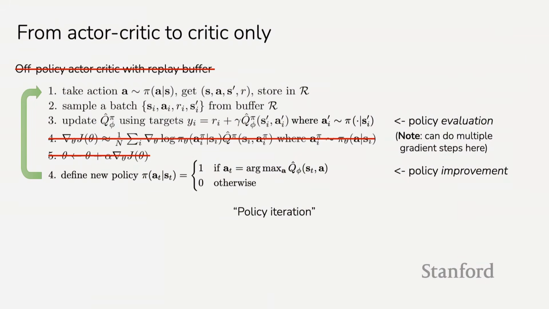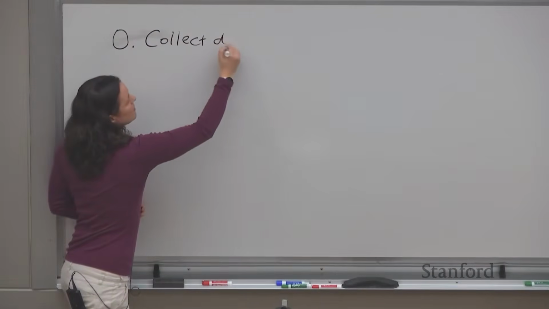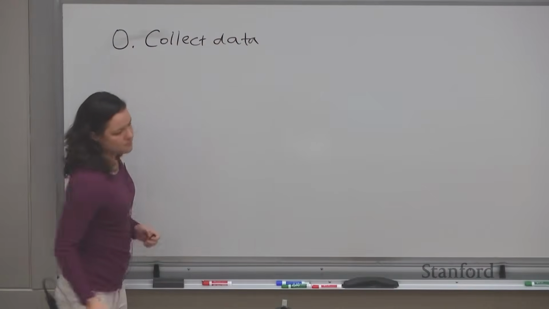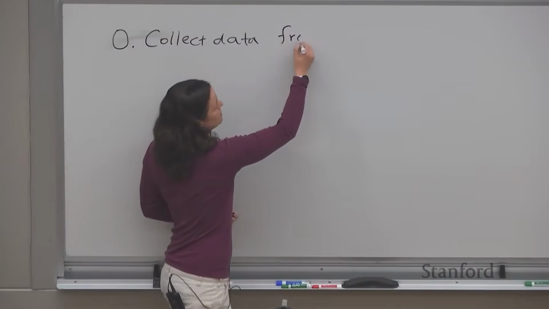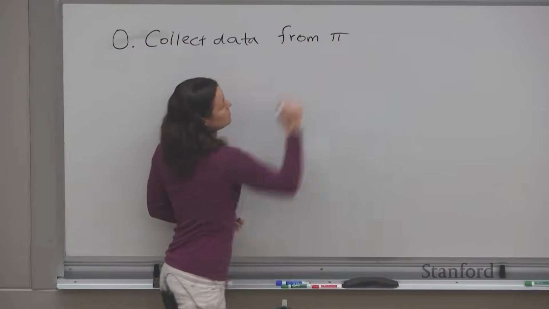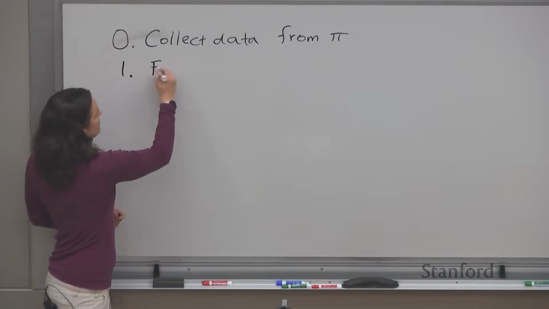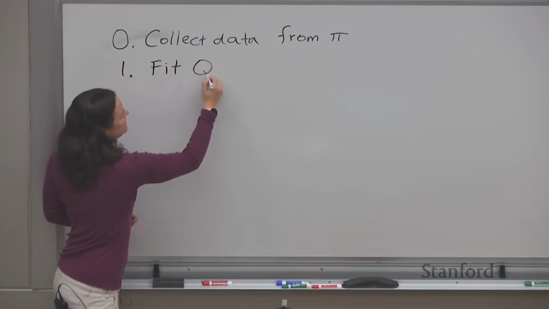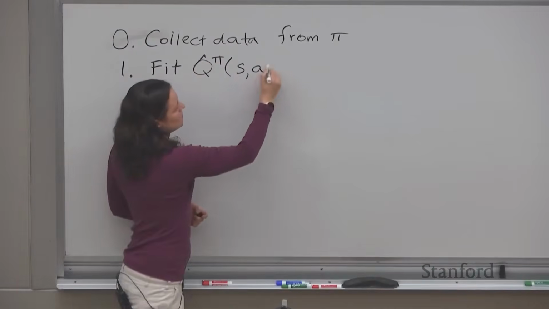Cool. So to write this out on the board, what this looks like is having a first step where you collect data. Oftentimes you might collect data from pi. It could actually potentially be from some other policy. Then you have a next step where you're going to try to fit your estimated Q function for that policy.